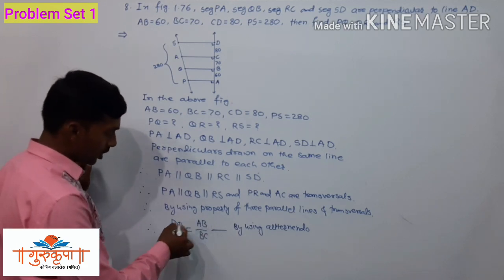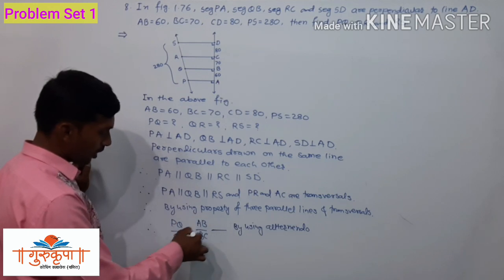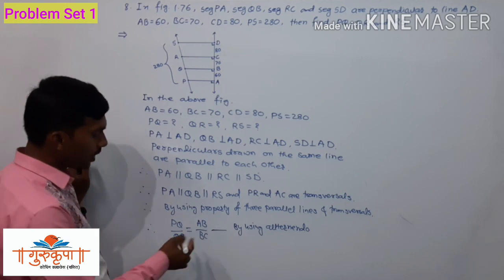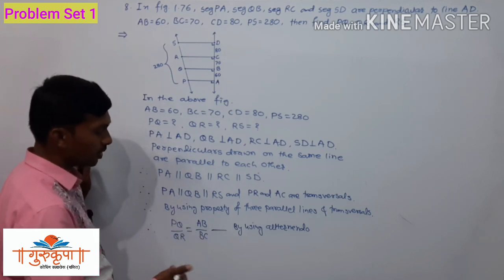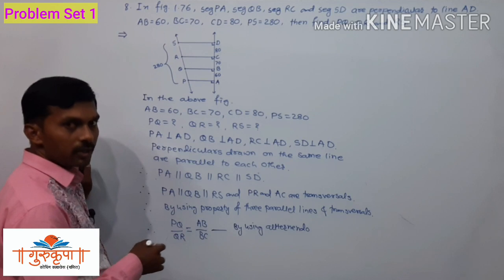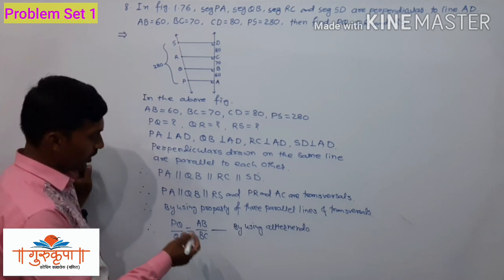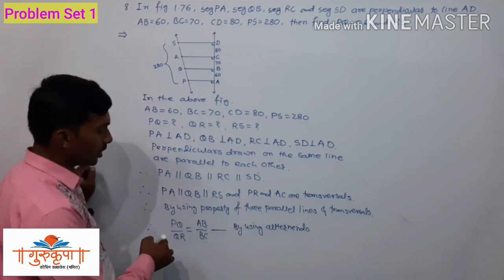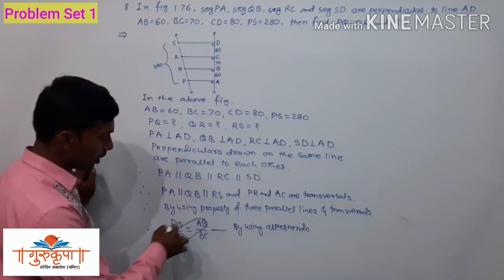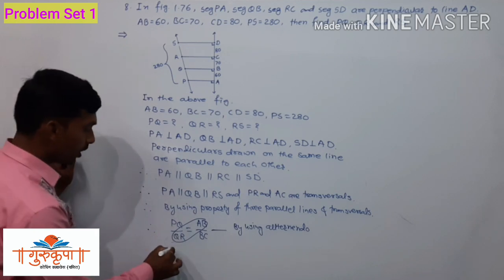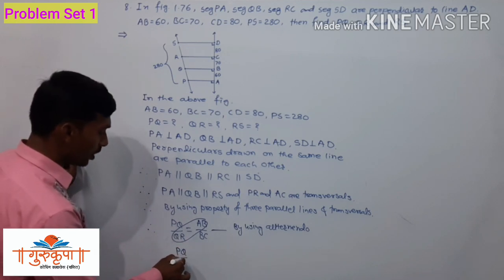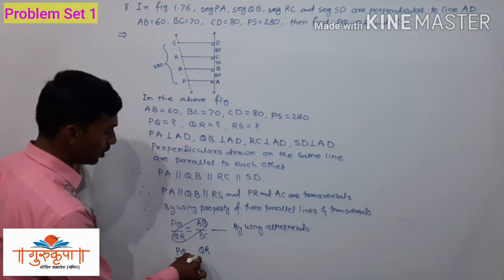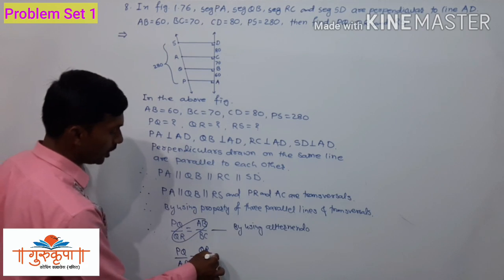We have to determine which change to make. Alternando means interchanging these terms. So here we will write PQ upon AB is equal to QR upon BC, that is equation 1.